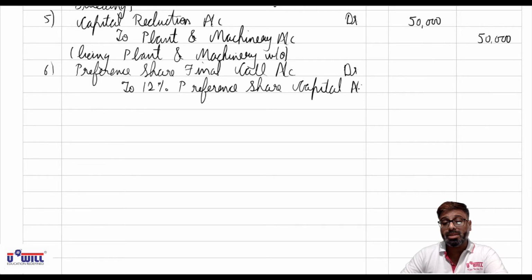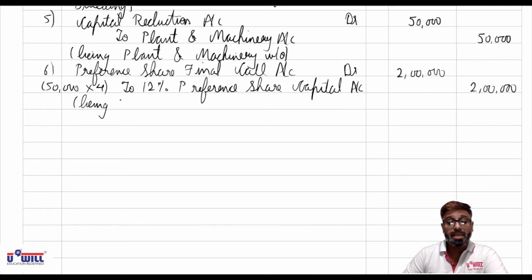Now 50,000 preference shares into 4 rupees is called, that is 2 lakh rupees. The narration will be being final call money due.